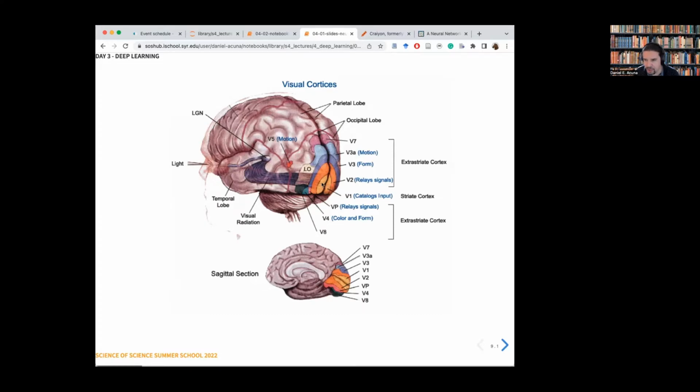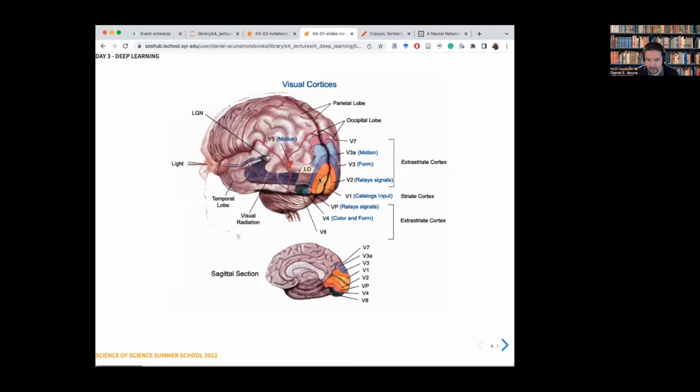Then there is some computation, neuron activity that is directly affected by the light outside of your head. That gets transformed and sent to the next area of your visual system. The initial area that receives information is called V1, then the second area is called V2, and so on and so forth.